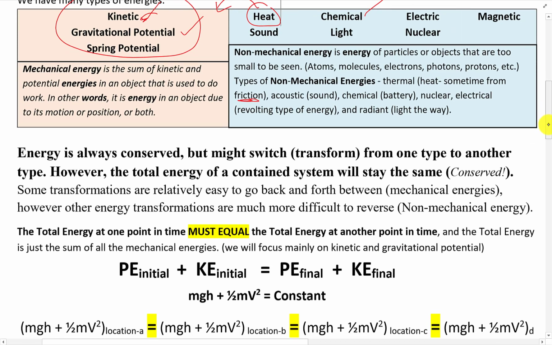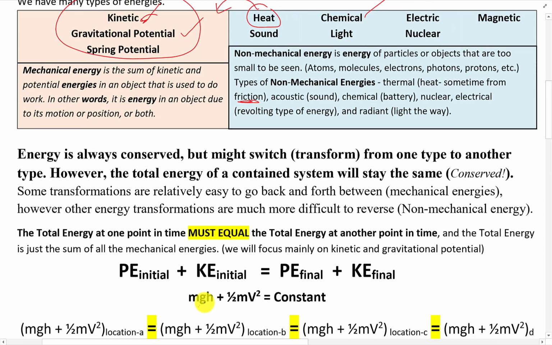Another way of looking at that is that mgh, the potential, plus 1/2 mv squared, the kinetic energy, is equal to a constant. Conservation of energy. Or at point A, you add up the potential and kinetic, and that has to equal the potential and kinetic at point B, and at point C, and at point D. It's conservation everywhere.